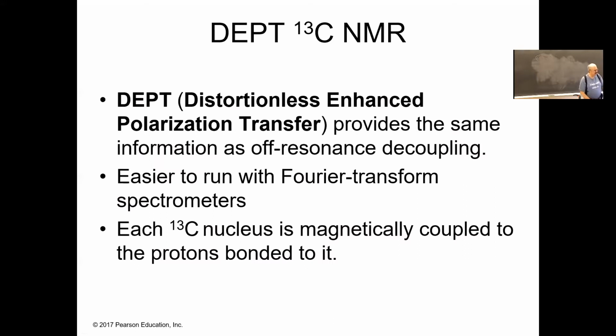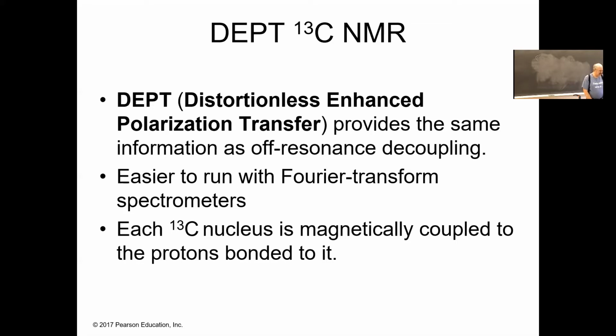There's several spectral editing techniques for carbon-13 NMR. One of them is called DEPT, and it's easier to run with Fourier transform spectrometers. Of course, today virtually all NMR instruments are Fourier transform.